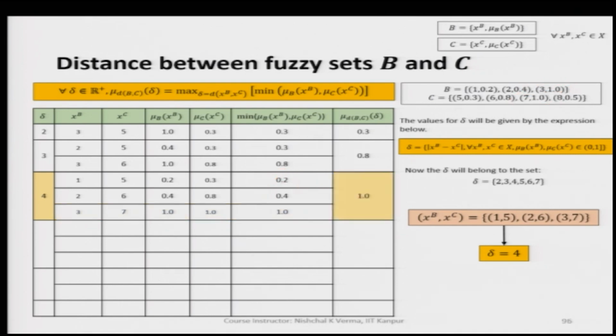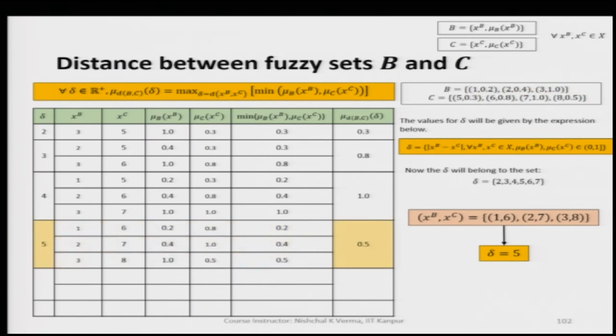So corresponding to delta equal to 4, we get the membership value 1. Now let us take delta equal to 5, and again we have 3 pairs of x b and x c. Let us enter these values in the same manner.